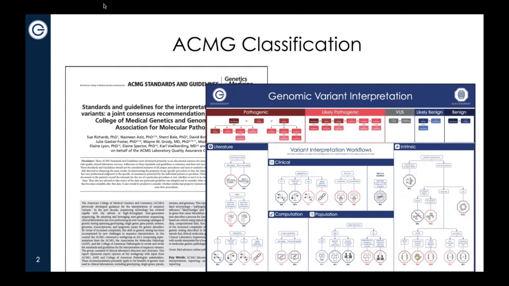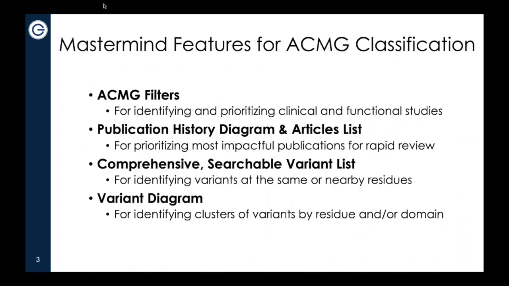I'll start with a description of how Mastermind can assist with organizing clinical and functional evidence, and then Jeffrey will join to talk about how to use Mastermind to apply gene level criteria within the ACMG guidelines. Just to summarize the features that I alluded to earlier that can accelerate ACMG classification, we have ACMG filters. We have a number of filters specific to certain categories or groups of categories that are useful for identifying and prioritizing clinical and functional studies.